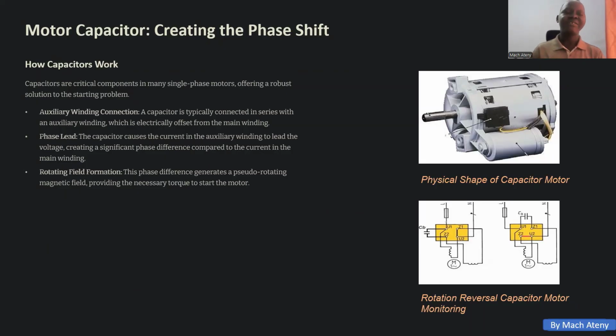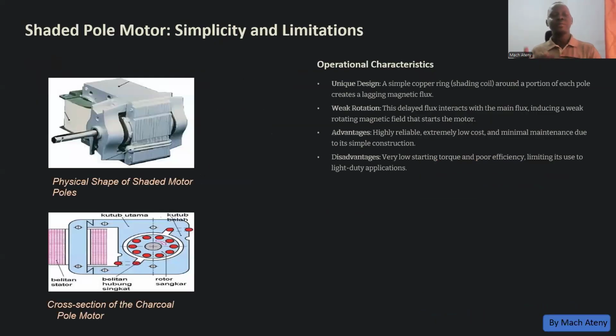Rotating field formation. This phase difference creates a rotating magnetic field, providing the necessary torque to start the motor. That is the work of the capacitor, how it works with the auxiliary winding. So here we come to the shaded pole motor.